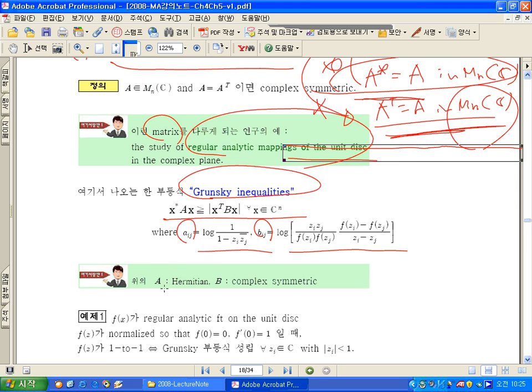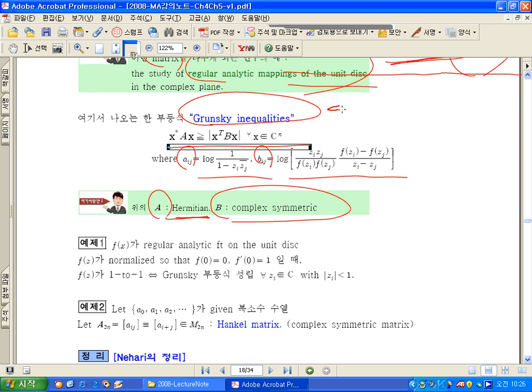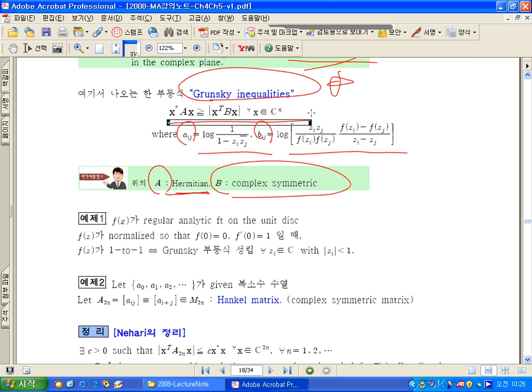Here, this matrix A is Hermitian, and this matrix B is complex symmetric.